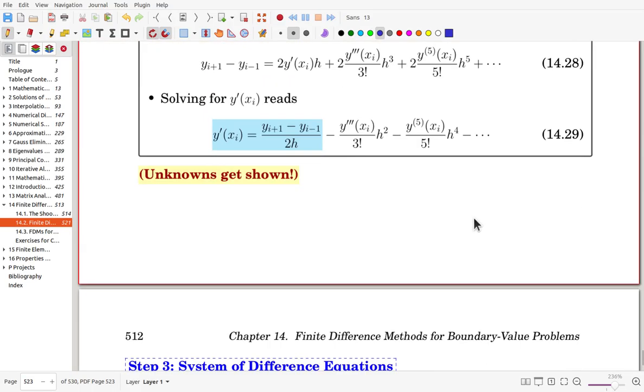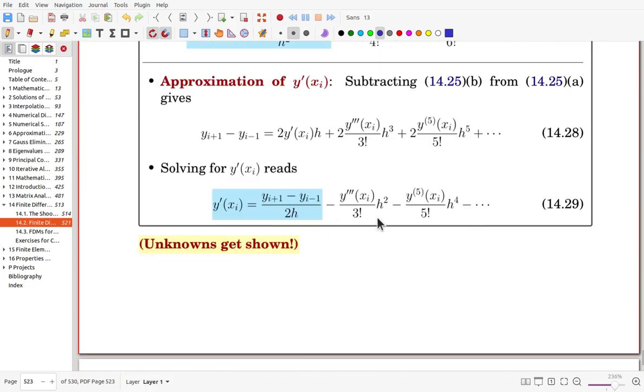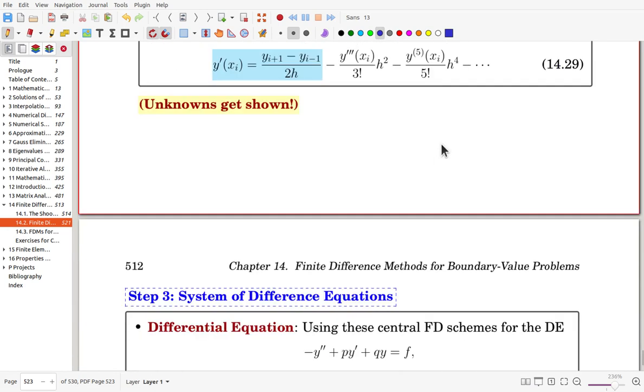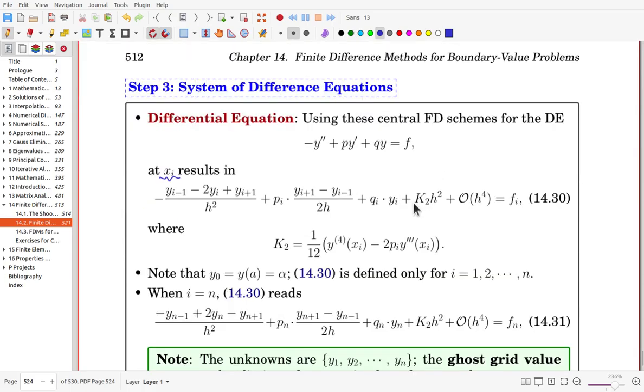You can see for this one, there's an h squared term, h to the 4, and from this one again, an h squared term and h to the 4 term, and that can be written in this way. Of course, for the right hand side, at the same point, you have to get the value. So we have this finite difference equation.